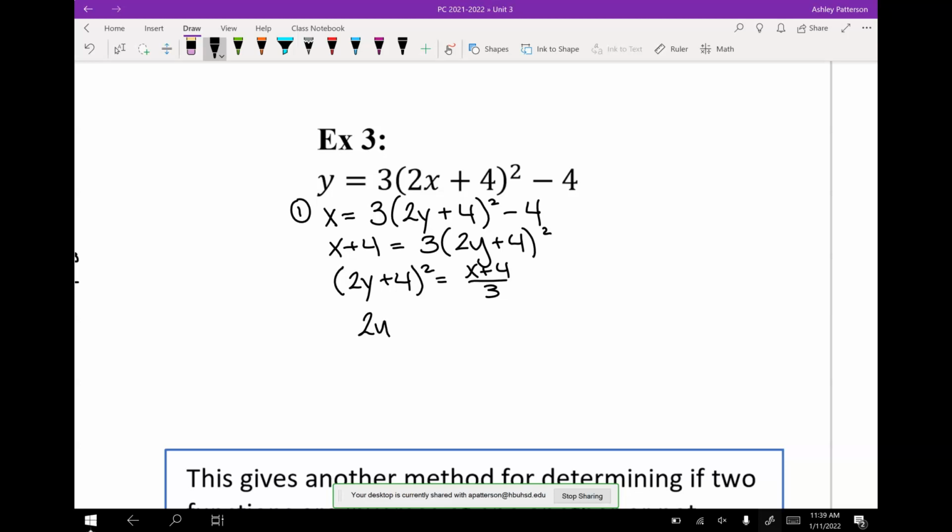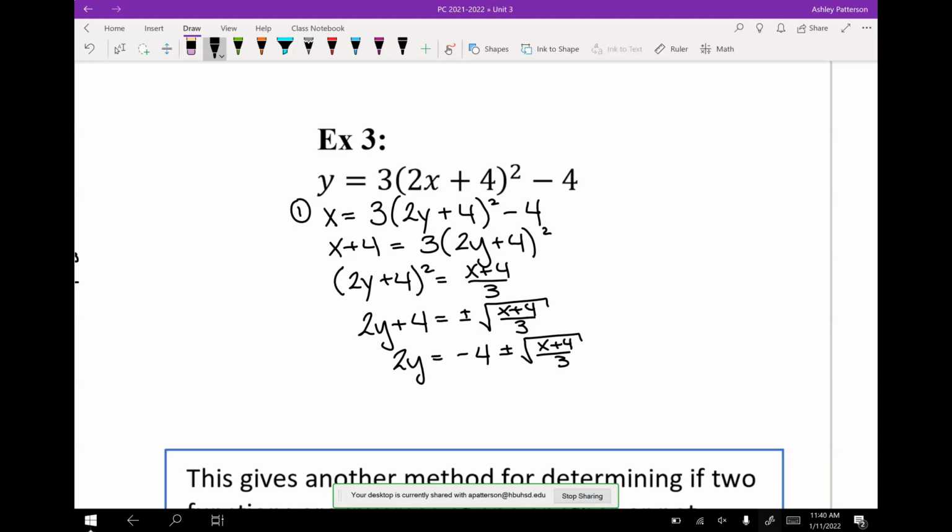So we end up with 2y plus 4 equal to plus and minus the square root of x plus 4 over 3. All right, we're almost there, everyone. We need to subtract 4 from both sides. So 2y is equal to negative 4 plus and minus the square root of x plus 4 all over 3.